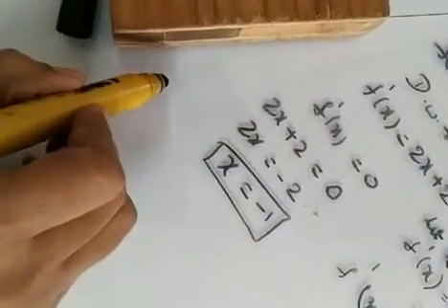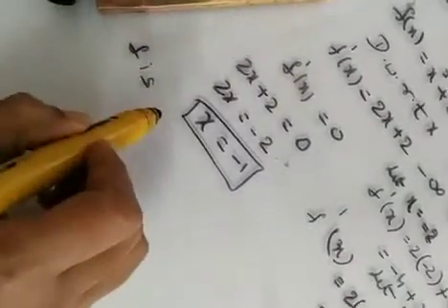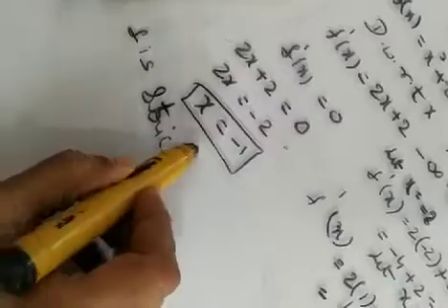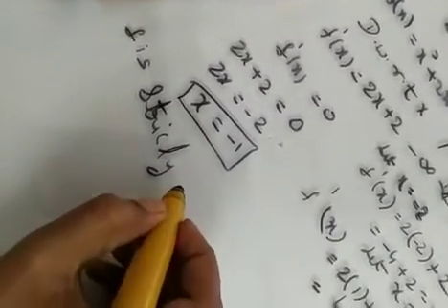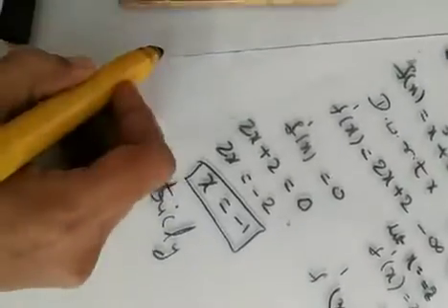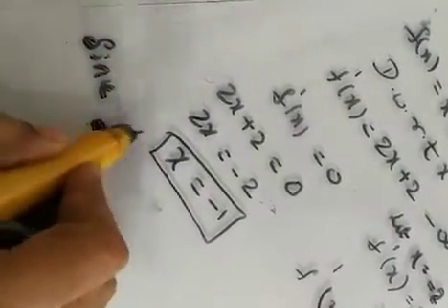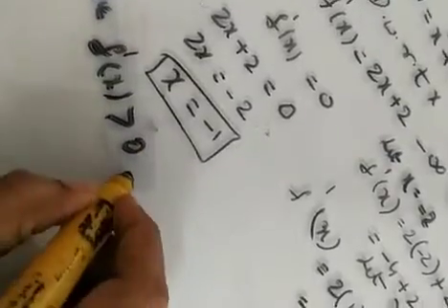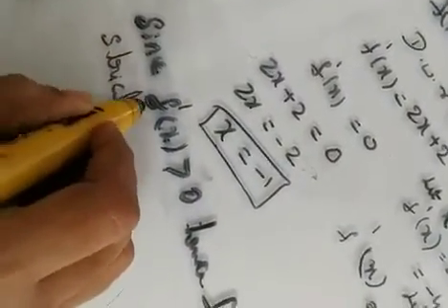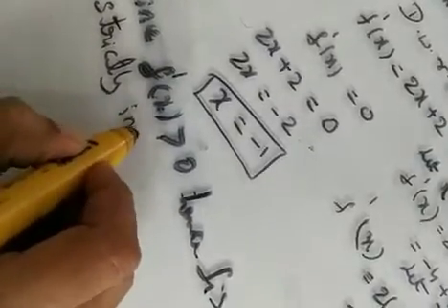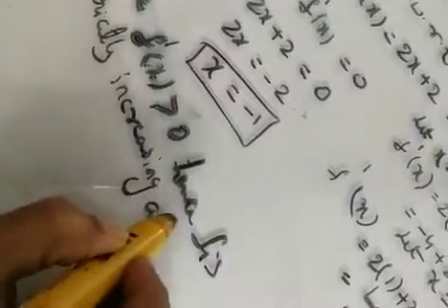So how to give the conclusion? We will give the conclusion that, write the condition: since f dash of x is greater than 0, hence f is strictly increasing at minus 1 to infinity.